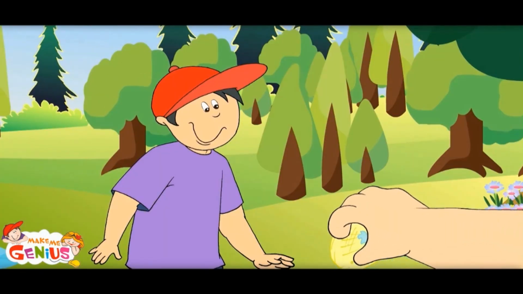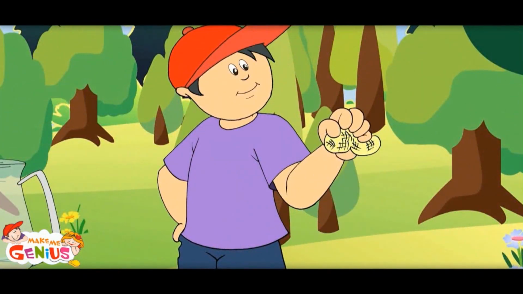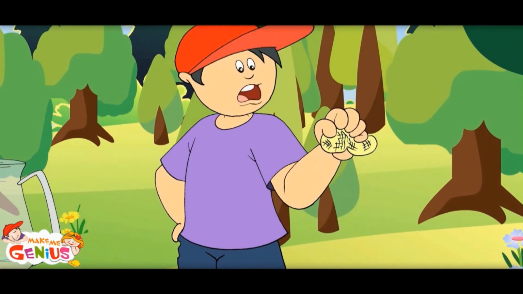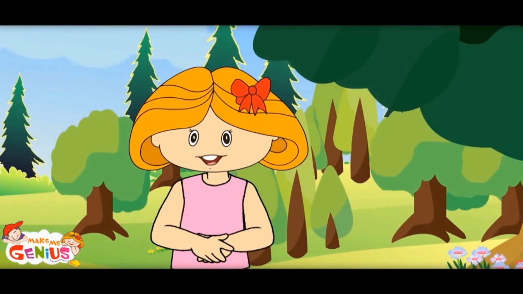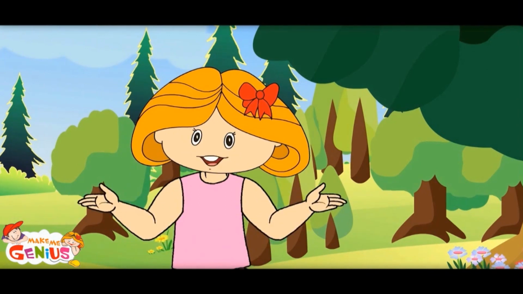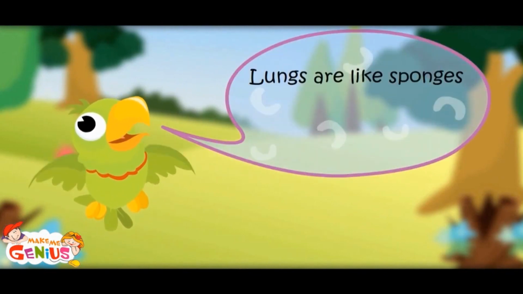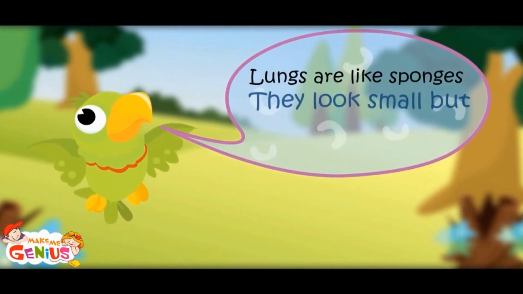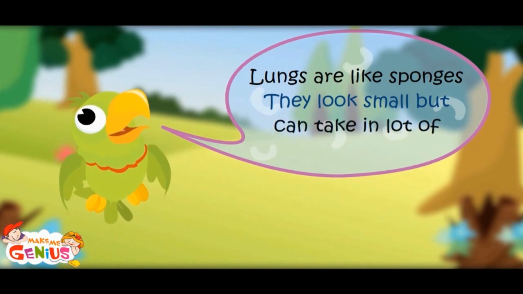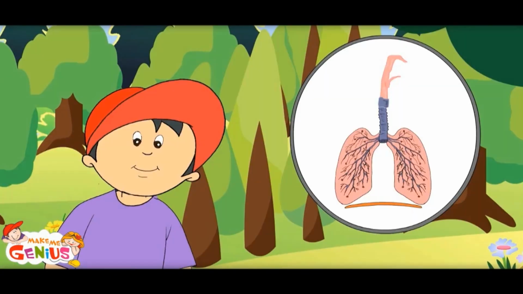Yes, see, it has absorbed all the water. Now you squeeze it. Oh, it looks so small, but takes a lot of water. It is like our lungs, which look small but take in a lot of air. Lungs are like sponges. They look small, but can take in a lot of air inside them.